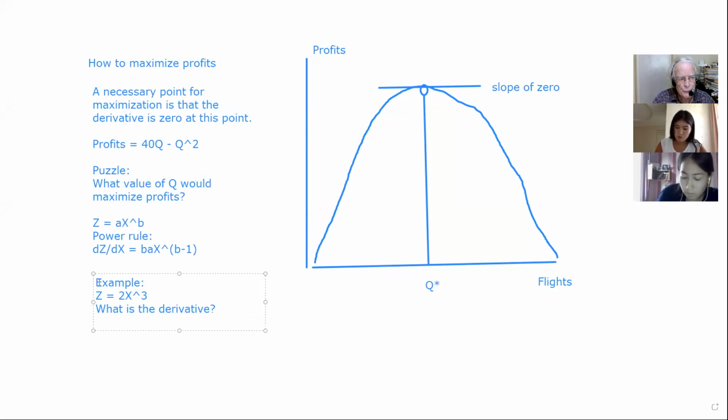For 1 point of extra credit, using the power rule. It is 6x, Professor. It sounds good, but I did not hear the entire answer. Go ahead.